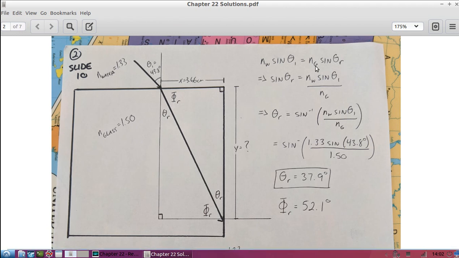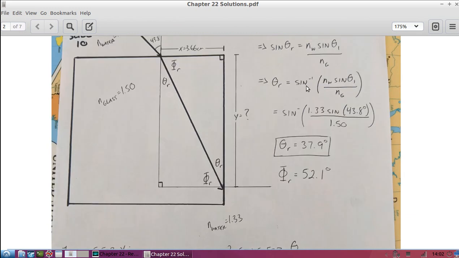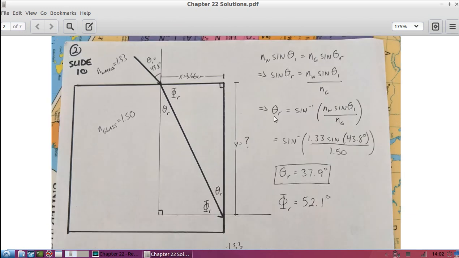Divide both sides by the index of refraction for glass first. And so I have sine theta r on one side, but I don't want sine theta r, I want theta r. So I'm going to have to take the inverse sine of both sides. So theta refracted is the inverse sine of this whole thing right here: the indices of refraction times the sine of the incident angle.